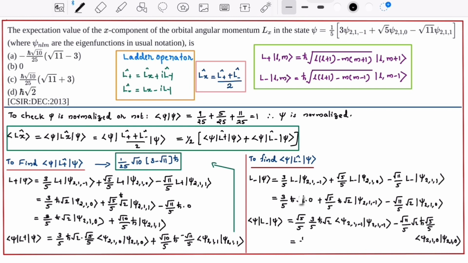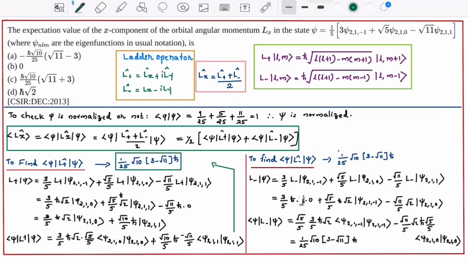So the answer is 1 by 25 root 10 times 3 minus root 11 h bar. Therefore, psi L minus psi will become 1 by 25 root 10 times 3 minus root 11 h bar.